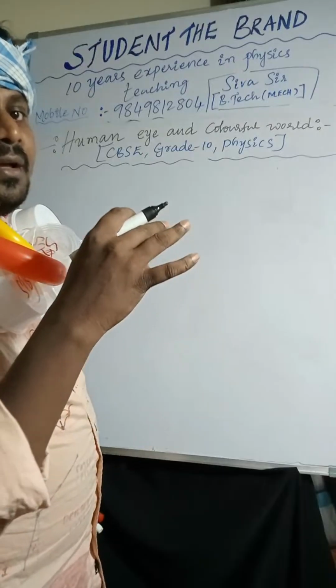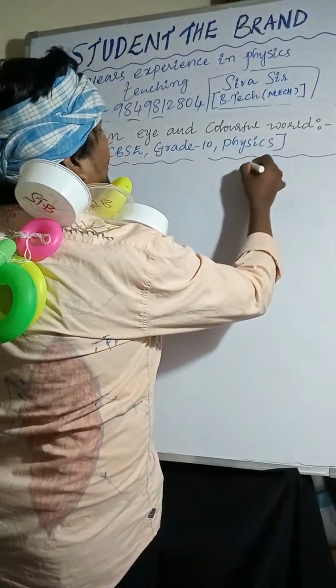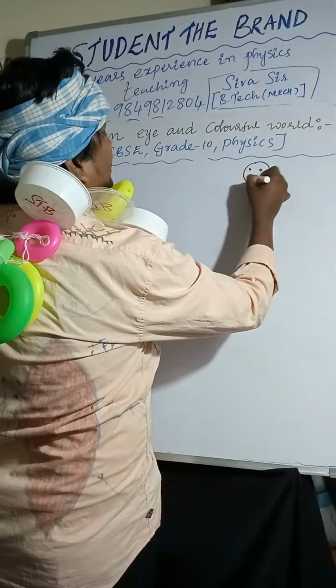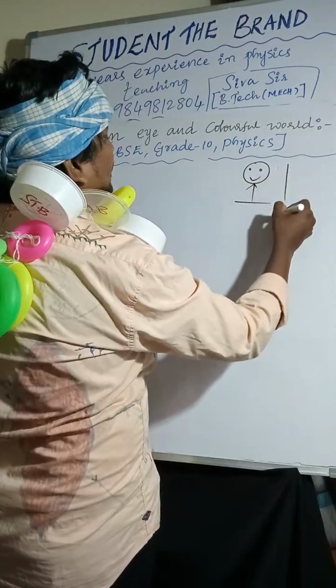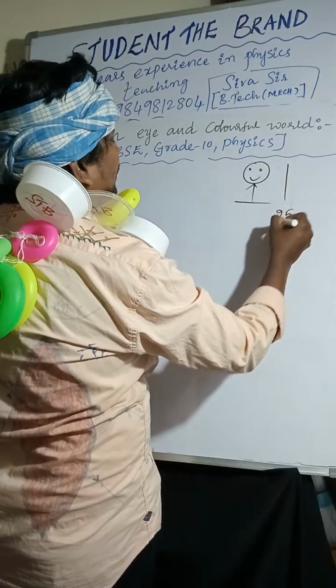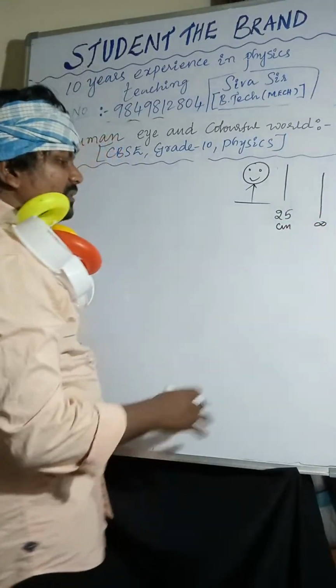Myopia. Near distance We can see a far a distance.